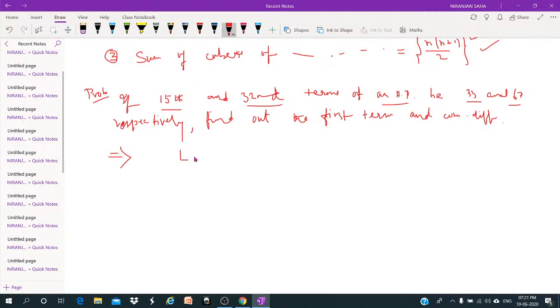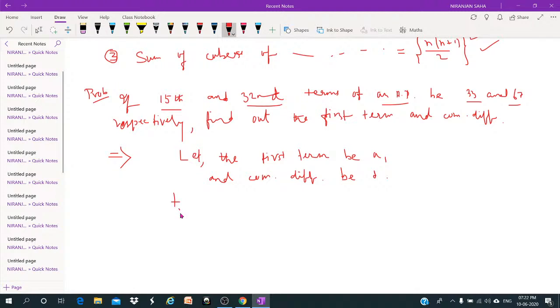Let the first term be A1 and the common difference be D. Then what will be the 15th term?